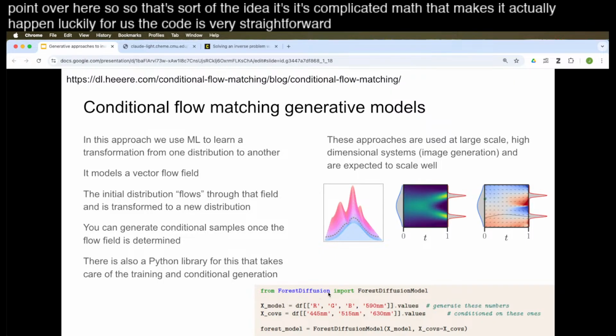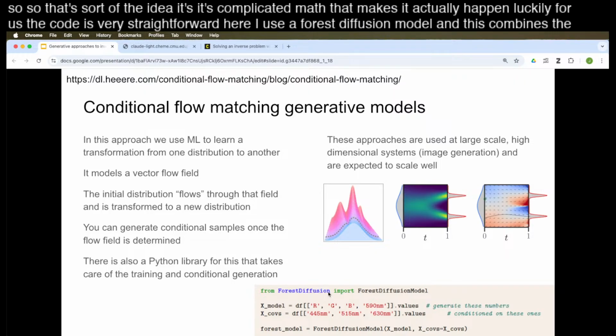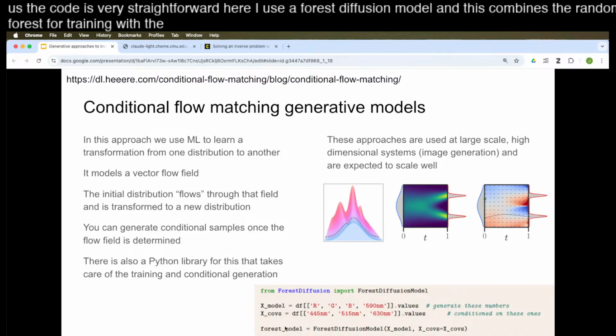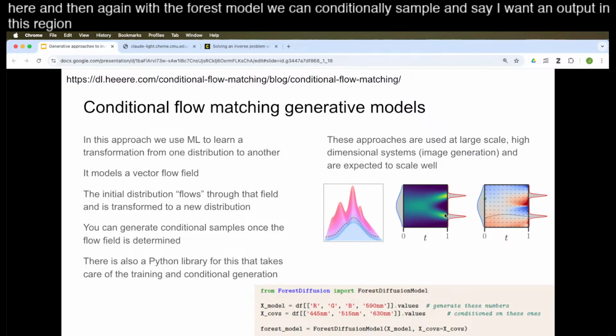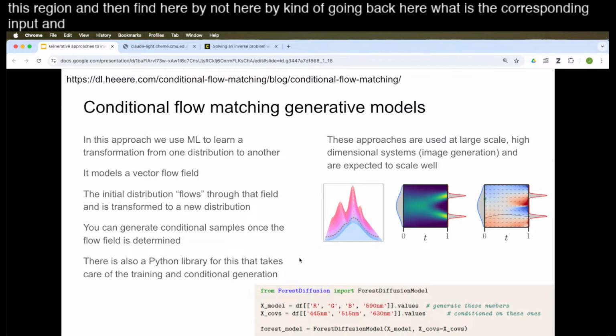Here I use a forest diffusion model, and this combines the random forest for training with the diffusion model, and we have just the forest diffusion model here. And then again, with the forest model, we can conditionally sample and say I want an output in this region, and then find by going back here what is the corresponding input, and that's all there is to it.